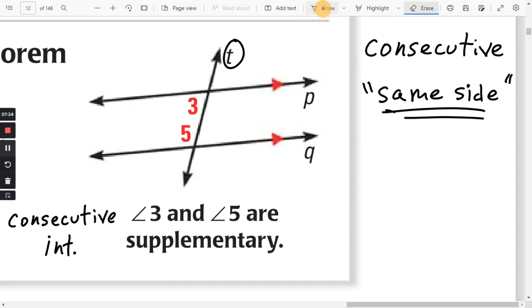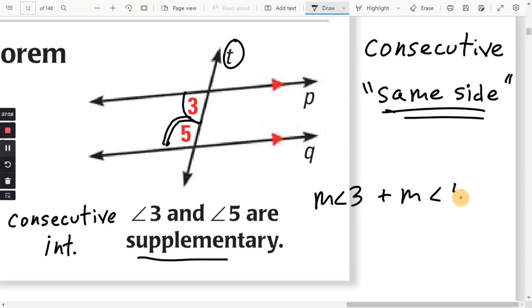All right, so that's what we have here with angles 3 and 5. They're both on the left side, so this is angle 3, and this one here is angle 5. Okay, and when you add them together, they're supplementary. So that means that the measure of angle 3 plus the measure of angle 5 equals 180 degrees. Okay, so you add them together and they make 180 degrees.